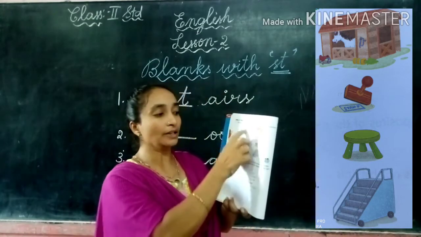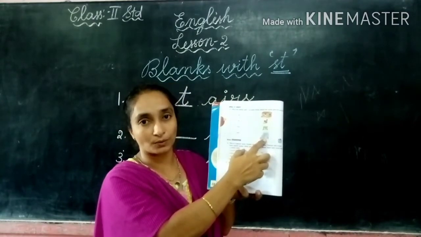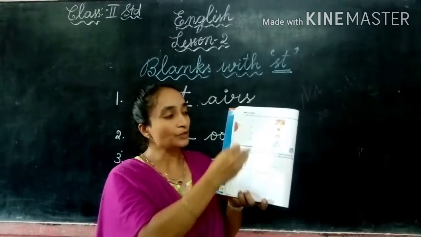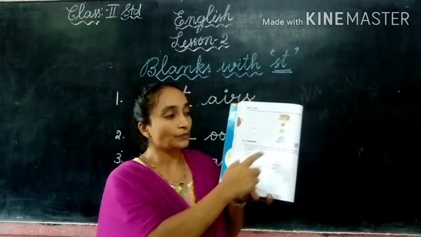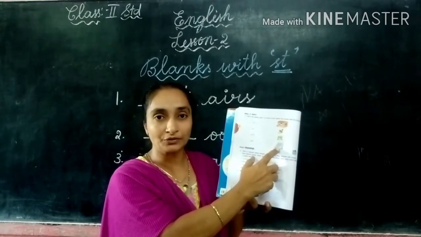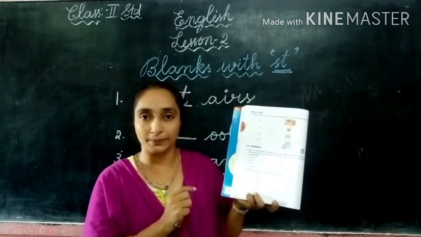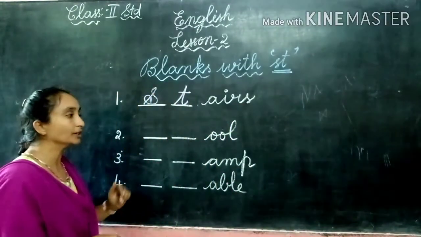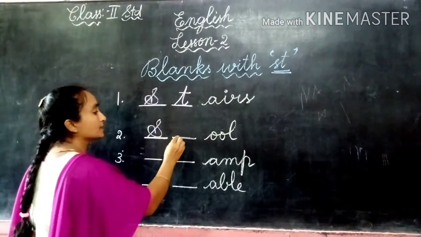The first one already has been done for you, and the picture matching also. After filling the blanks with ST, children, we can do the matching in the textbook. The first one completed for you is stairs. And the second one: if we add ST, what is the spelling?